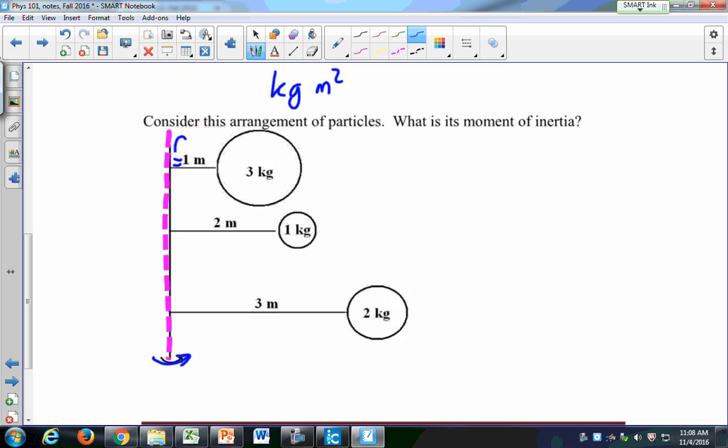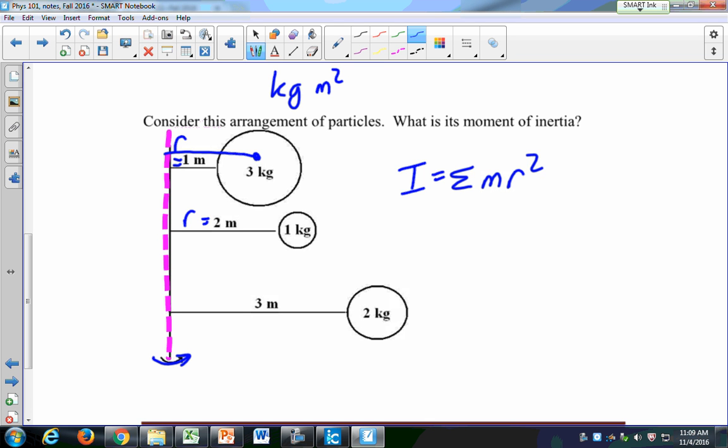My r for each of these is the distance from where the mass is to the axis of rotation. And so if I wanted to calculate the moment of inertia, it would be the sum of mr squared. And so now this is what the summation means: if I have multiple particles that are rotating around an axis, I just calculate mr squared for each of them, and I add them all up.